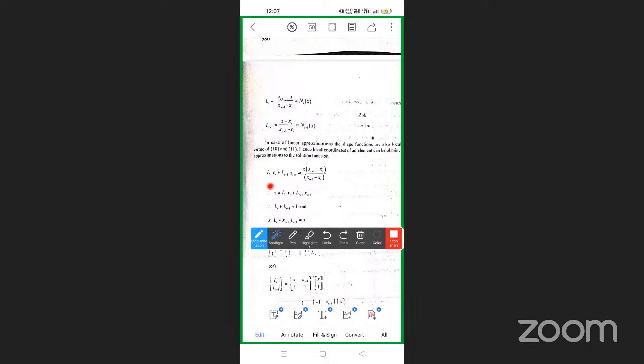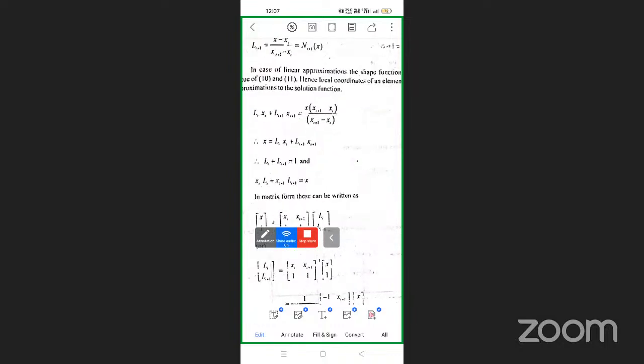So L_i of x plus L_{i+1} of x is given by x_{i+1} minus x divided by x_{i+1} minus x_i, by using Lagrange's interpolation formula. So x is equal to L_i into x_i plus L_{i+1} into x_{i+1}.